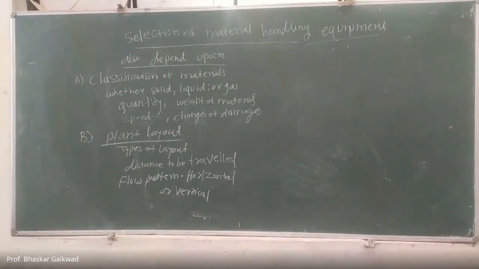This flexible machinery we can use for material handling. And before that you can also see horizontal, vertical or at an angle. If you see the conveyors in the sugar industry, the conveyor is moving at an angle and slowly going up. It cannot go directly up.